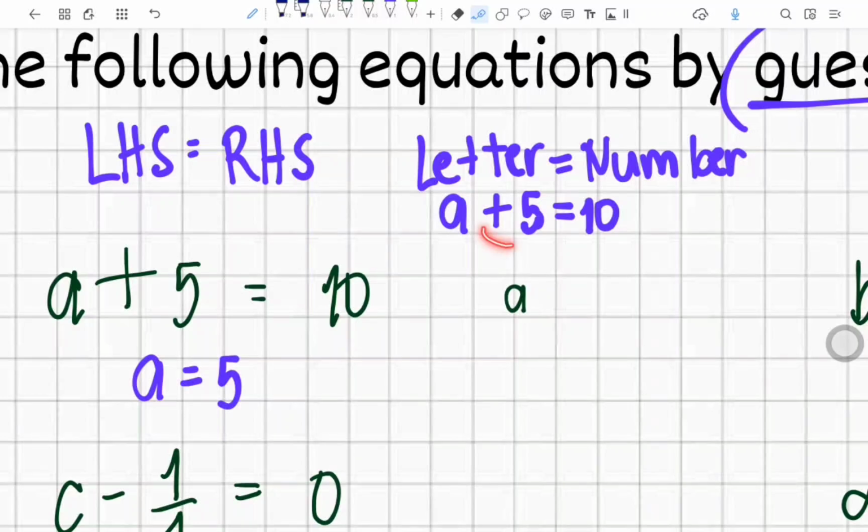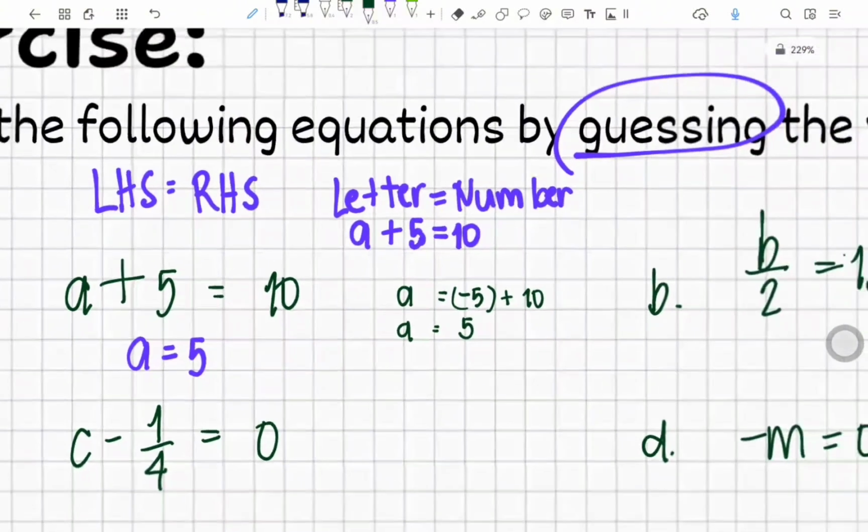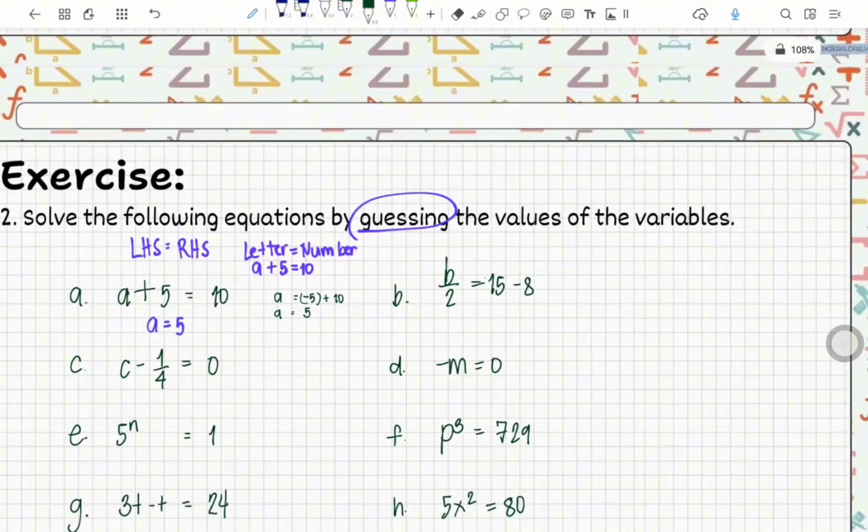So positive will become negative, negative will become positive, multiply will become divide by, and divide by will become multiply. Since this is positive 5, if we move that, that will become negative 5 plus 10, and negative 5 plus 10 is equal to 5. That is how we answer problems in this example.